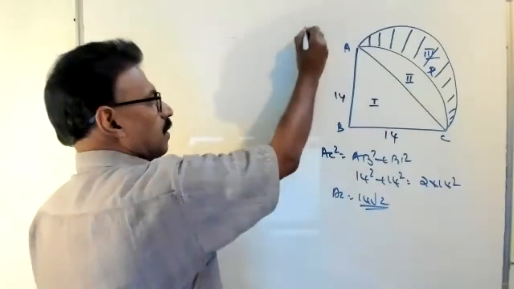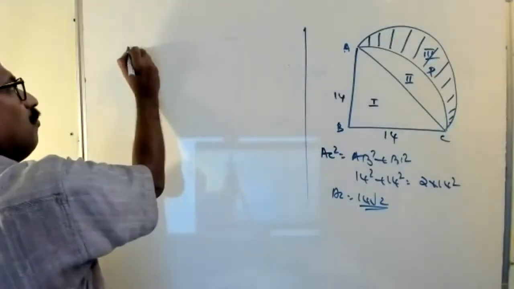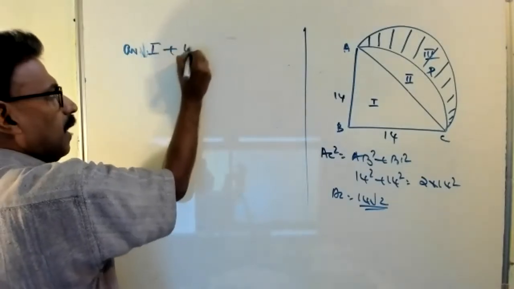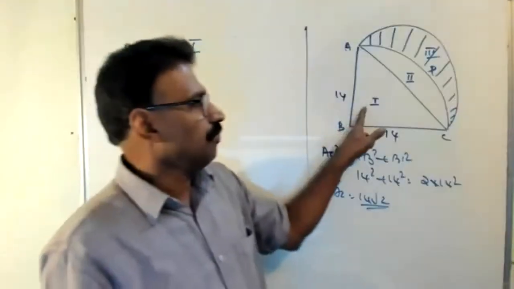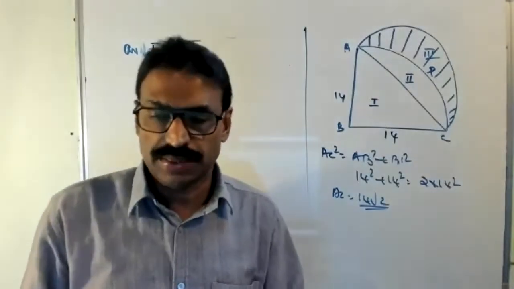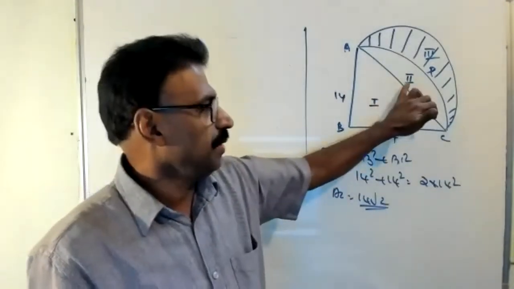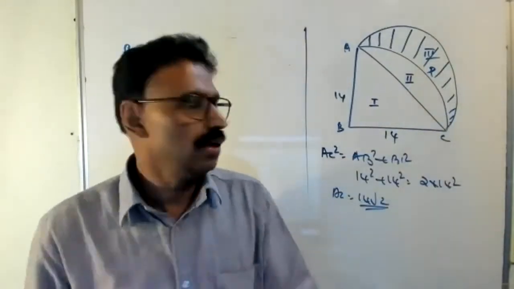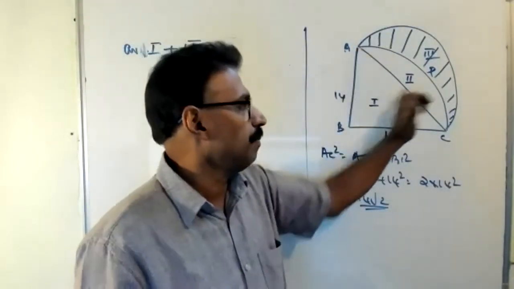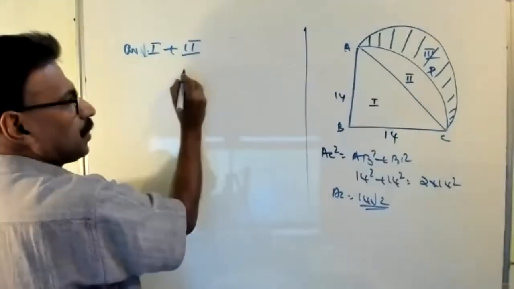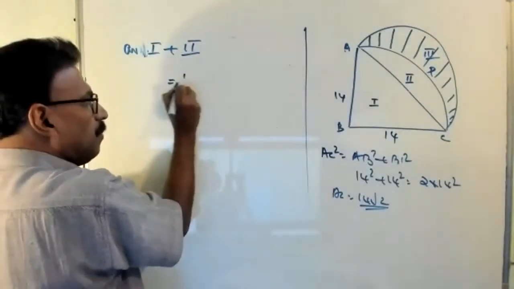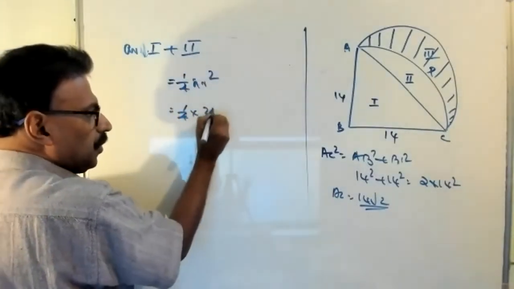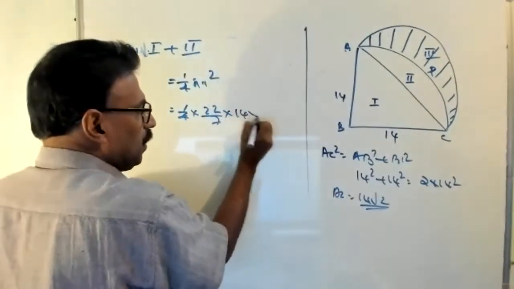Okay. Now I'm going to find the area of part 1 and part 2. I told you: find part 2 and 3 and subtract part 2. Before that, you have to get part 2. Part 1 plus part 2 equals 1 by 4 pi r square, as this is a quarter circle. 1 by 4 into 22 by 7 into 14 into 14.